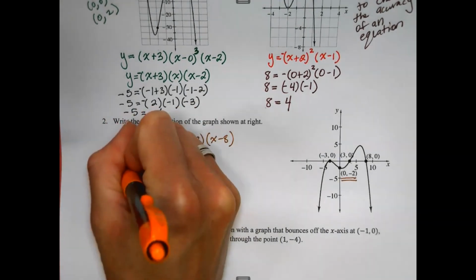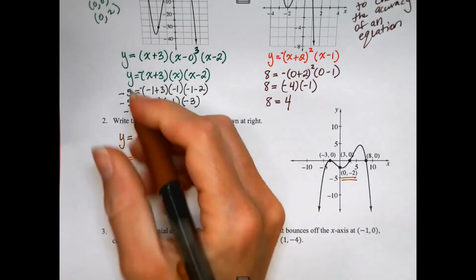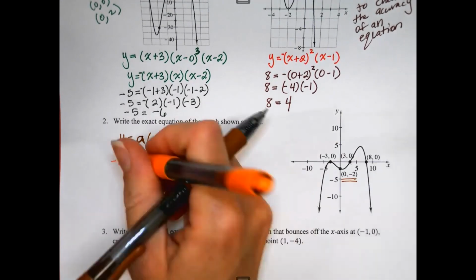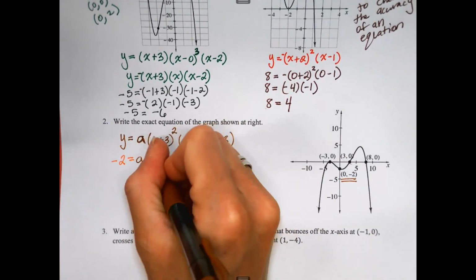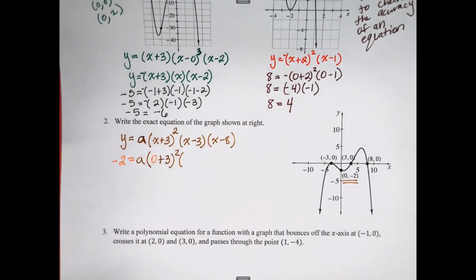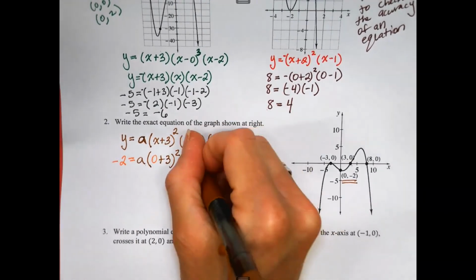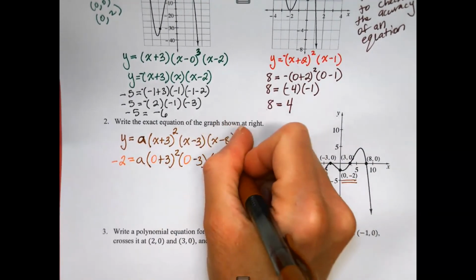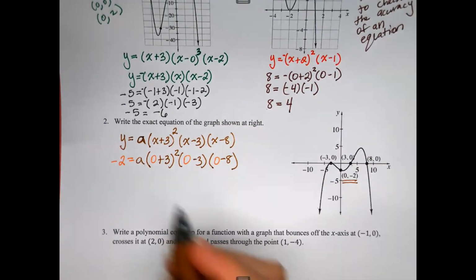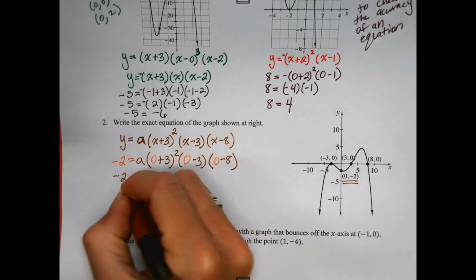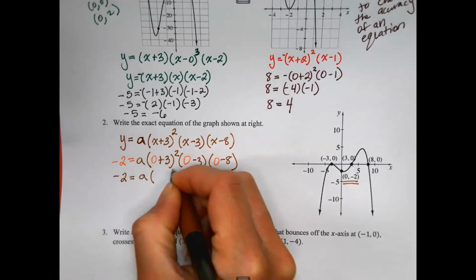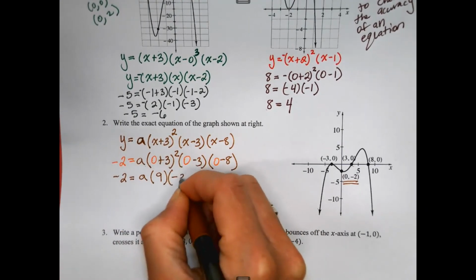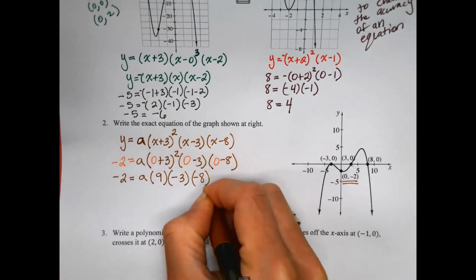I get -2 is equal to a times 0 plus 3 squared times 0 minus 3 times 0 minus 8. That will give me -2 is equal to a times 0 plus 3 is 3, and then 3 squared is 9, times -3 times -8.